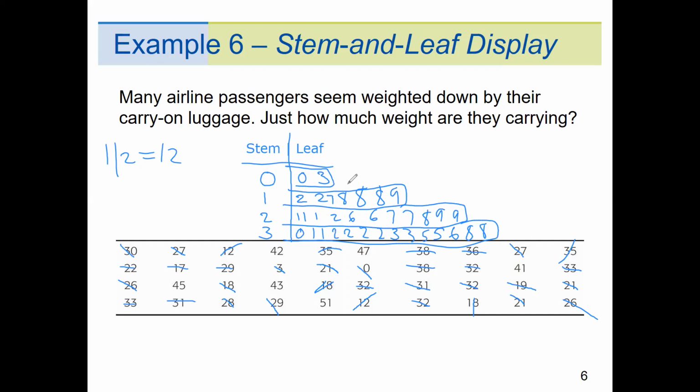It's just a horizontal display, but it's still showing the distribution of how much data is where. But the benefit is we get to see the individual values. We get to see that there's 3 21s or 4 32s. So it's better in that regard, in that we don't lose the individual characteristics of the data. Okay, so that's an example of a stem and leaf plot.